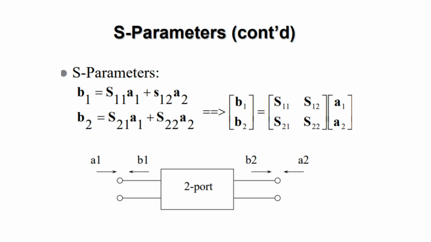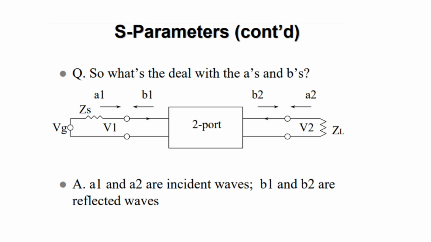So the S parameters are B1 equal to S11 into A1 plus S12 into A2, and B2 is equal to S21 into A1 plus S22 into A2, which is framed by using this array matrix. So what is the deal with the A's and B's? A1 and A2 are the incident waves.